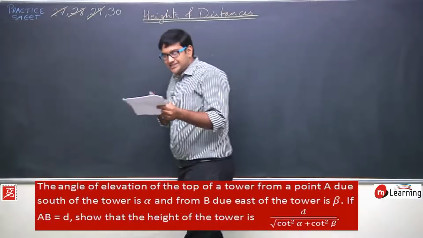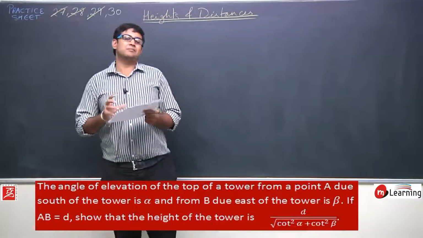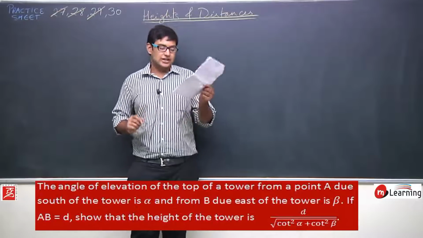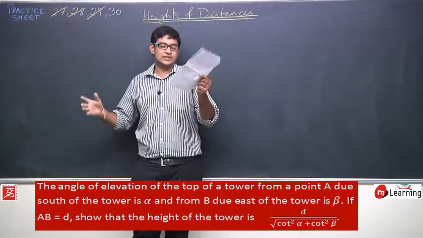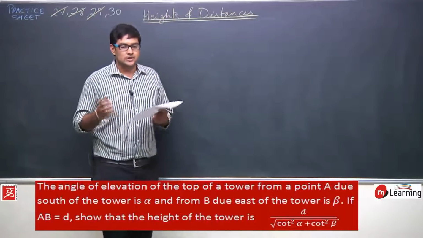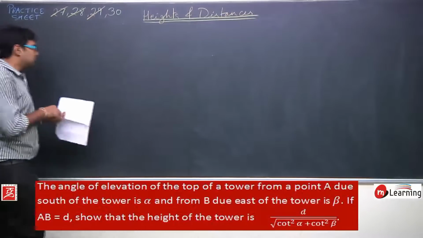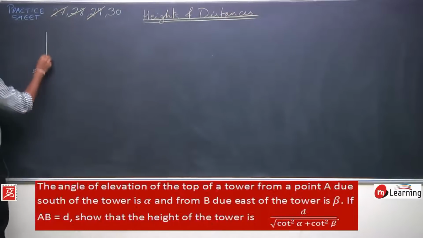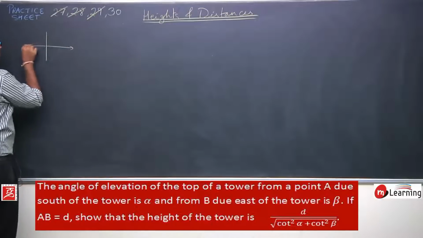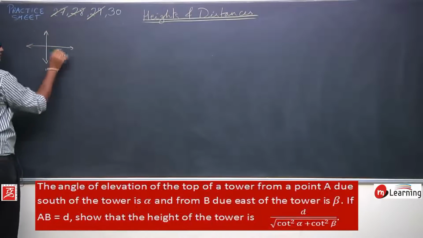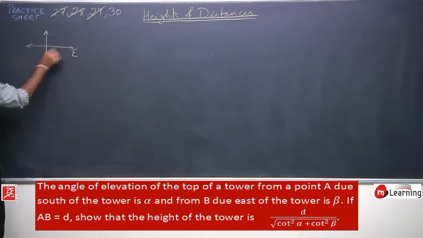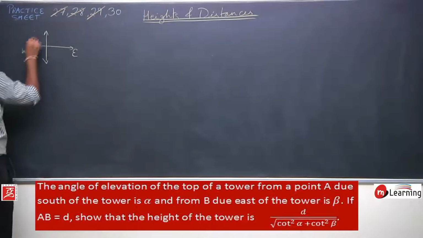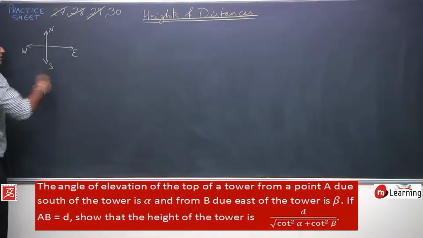Okay, so what you can see is this question also contains some part of directions. That is, one direction is south and another is east. So definitely first we should draw a simple standard direction diagram that we are going to use in this question. I generally use this as east, this is west, and this is north and south.